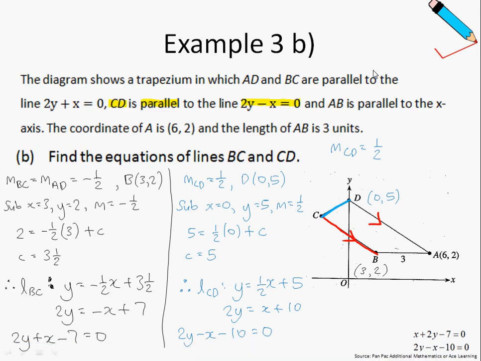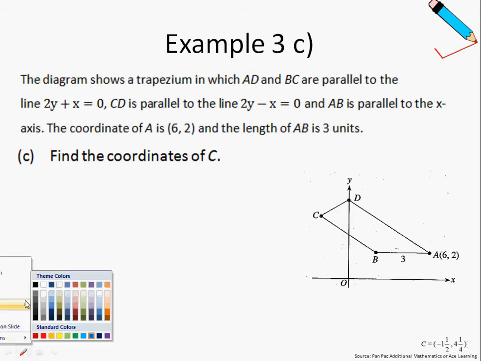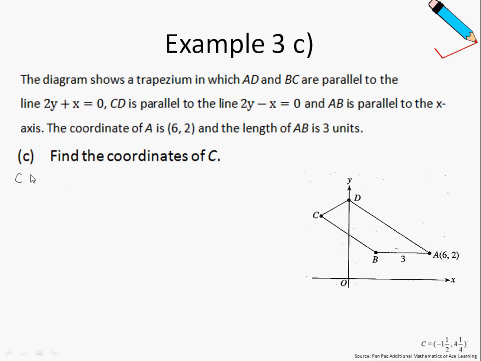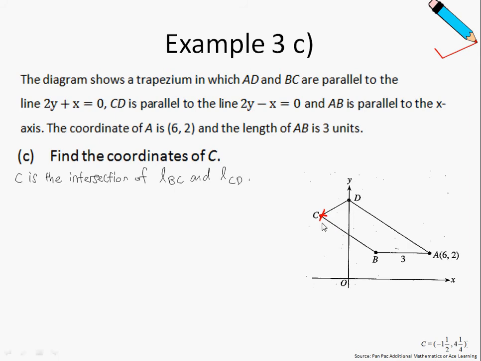Finally, in example 3c, we are asked to find the coordinates of C. Before we do that, I just want to point out that C is the intersection of lines BC and CD. Therefore, to find point C, which is over here, all we need to do is to solve line BC and CD simultaneously.